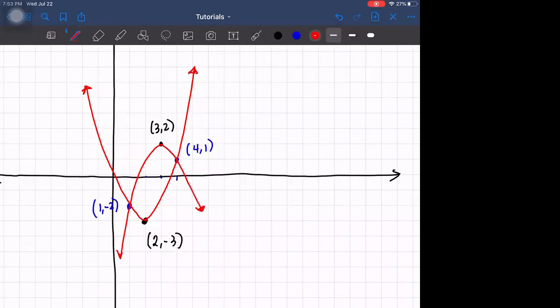The curve that opens upward is y equals x squared minus 4x plus 1. And the curve that goes downward is y equals negative x squared plus 6x minus 7. So the region that we are dealing with is this region.